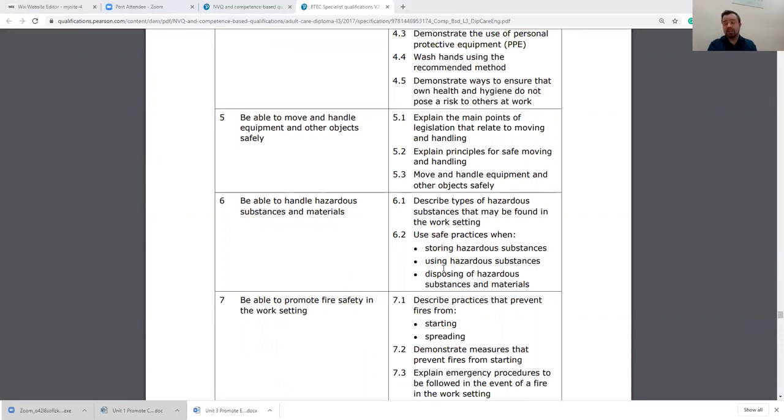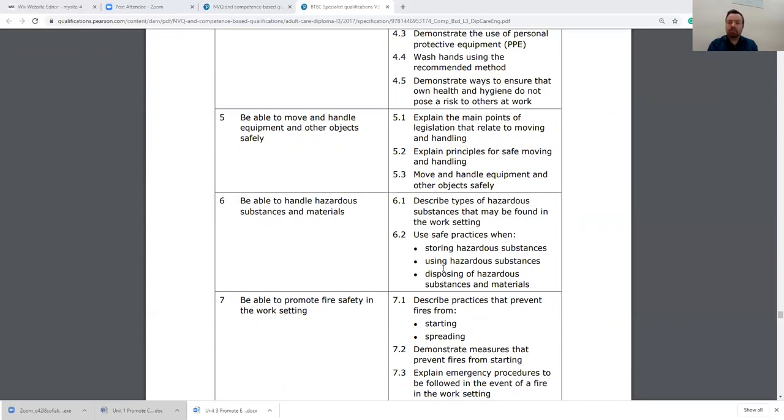We know if we have to do moving and handling techniques, we need to be doing it for the least amount of time and the least amount of distance. We also know that we should have the correct equipment, so that could be trolleys or alternatively hoists. We know that we should have training in doing the task correctly, and that should be theory and practical.